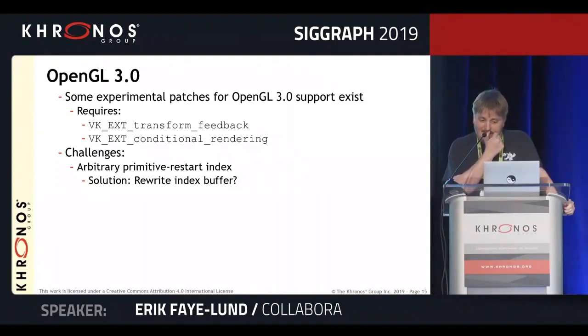For OpenGL 3, we have some patches. For that, we require transform feedback and conditional rendering, which we luckily have some EXT extensions for. Things that we still need to solve there are arbitrary primitive restart indices, but we can probably just rewrite the index buffer.